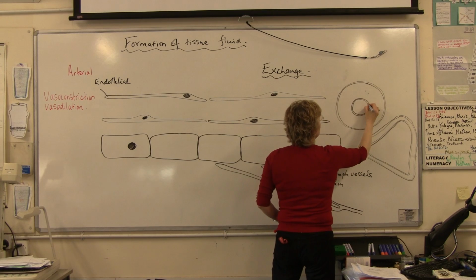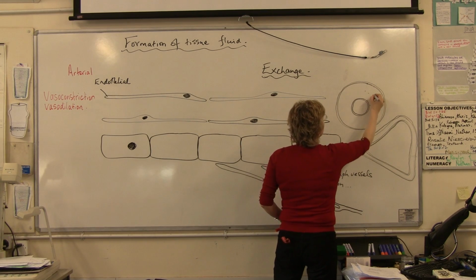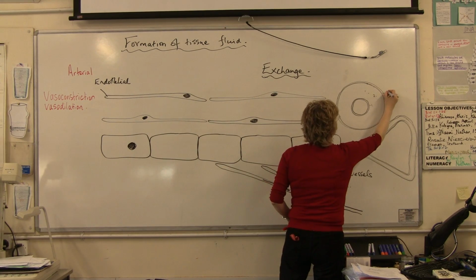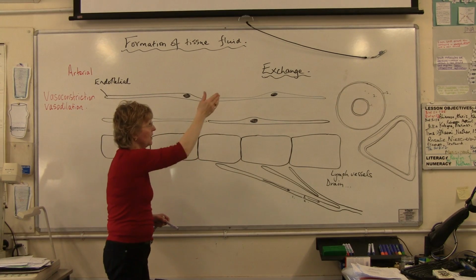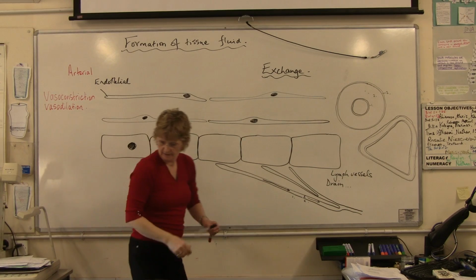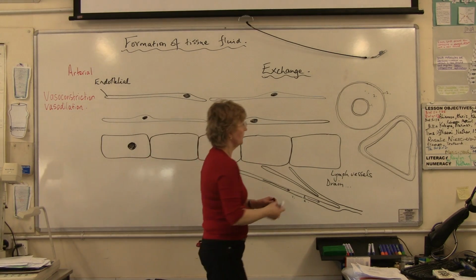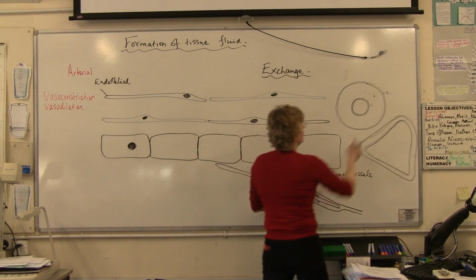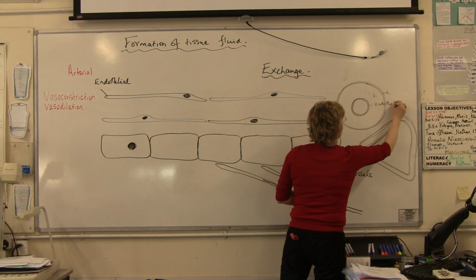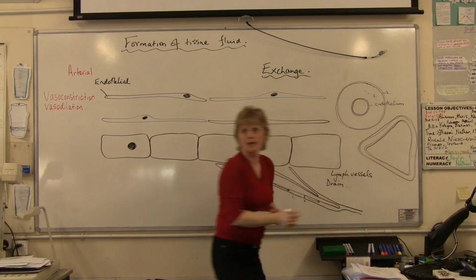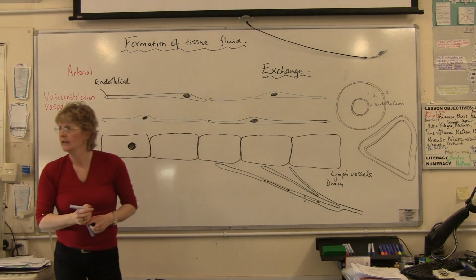Okay, so let's label these ones first. That is 1, that is 2, that is 3. Okay, so Naomi, can you give me layer 1, 2 or 3? The inside one's the endothelium. Excellent. So that's the endothelium. Okay, Chloe, 2 or 3?